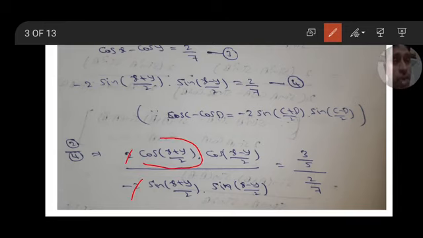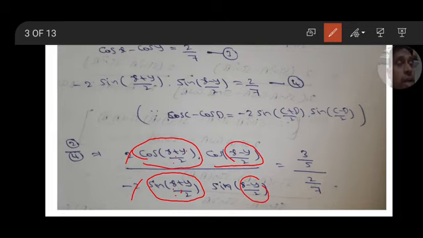Cos of (x plus y) by 2 by sin of (x plus y) by 2 means cos theta by sin theta, which is cot theta. Similarly cos of (x minus y) by 2 by sin of (x minus y) by 2 is also cot theta. And the denominator becomes reciprocal, so it comes as 7 by 2.